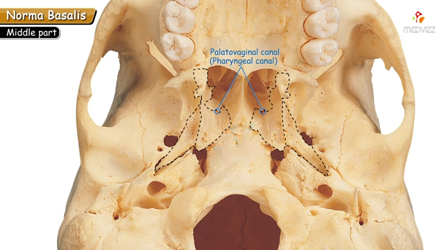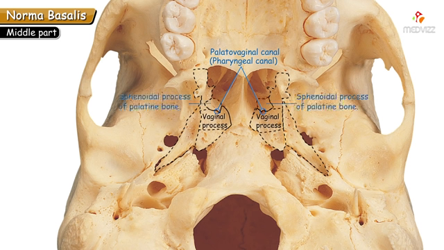Let's see the palatino-vaginal canal or pharyngeal canal. This canal is present between the vaginal process of medial pterygoid plate and sphenoidal process of palatine bone. So we can see a gap between them.